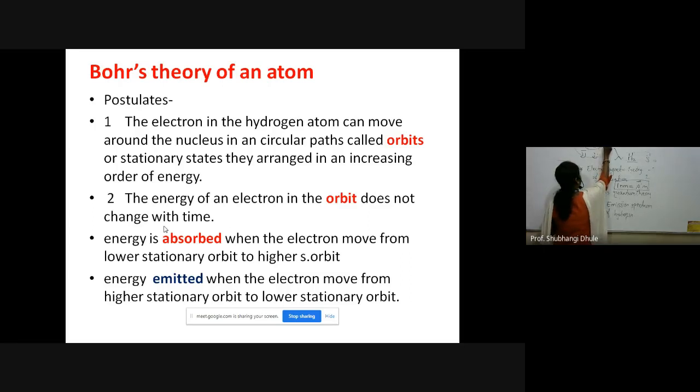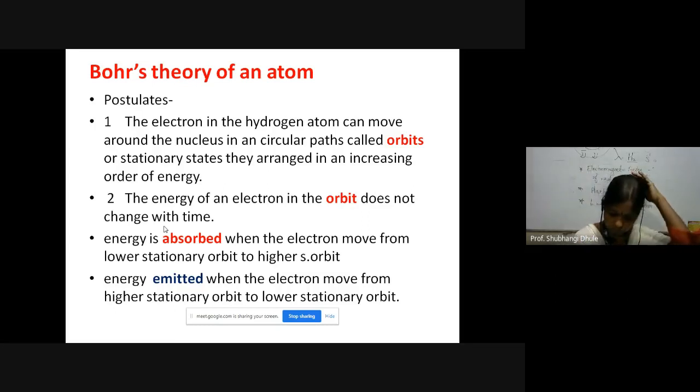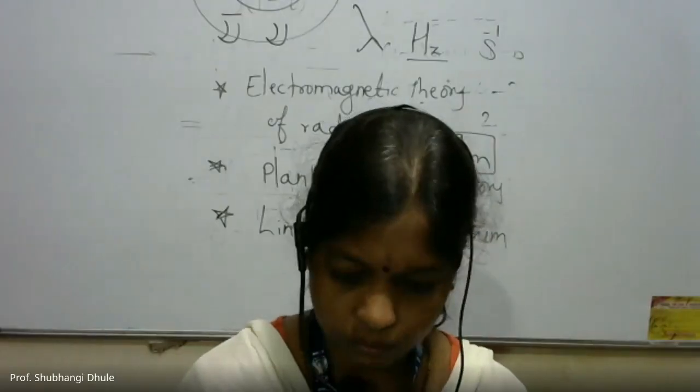Suppose this is E2 and this is E1: when it emits energy, it loses energy as it goes from the higher one to the lower one. So lower to higher absorbs energy, and higher to lower stationary state emits energy. This is how I am explaining Bohr's model, which is very important here.